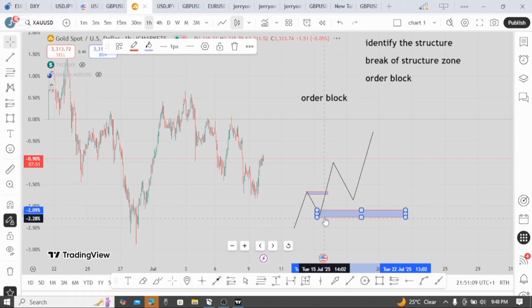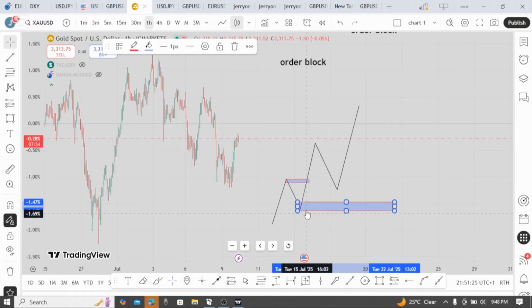Remember, if you are using bullish market structure, once you identify the structure, get the place of your break of structure. You look for the higher high and the higher low, and at this point of higher low, you look for the last bearish candle or the last sell candle. That is your order block.